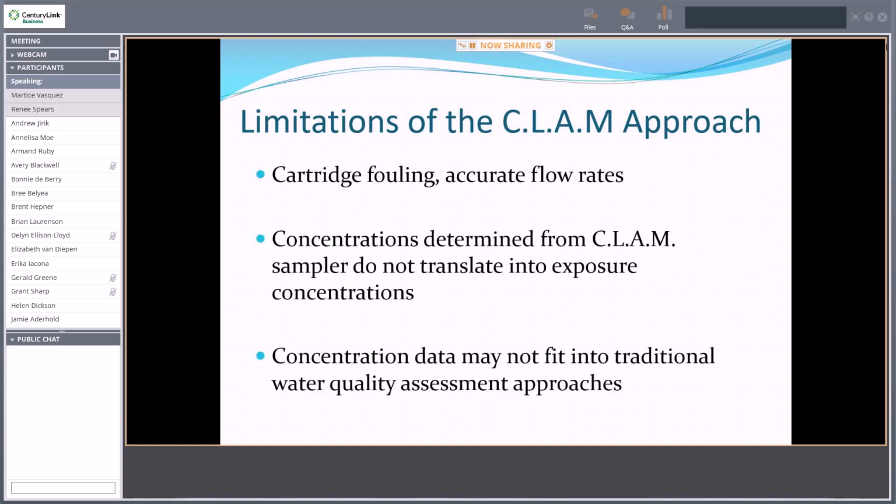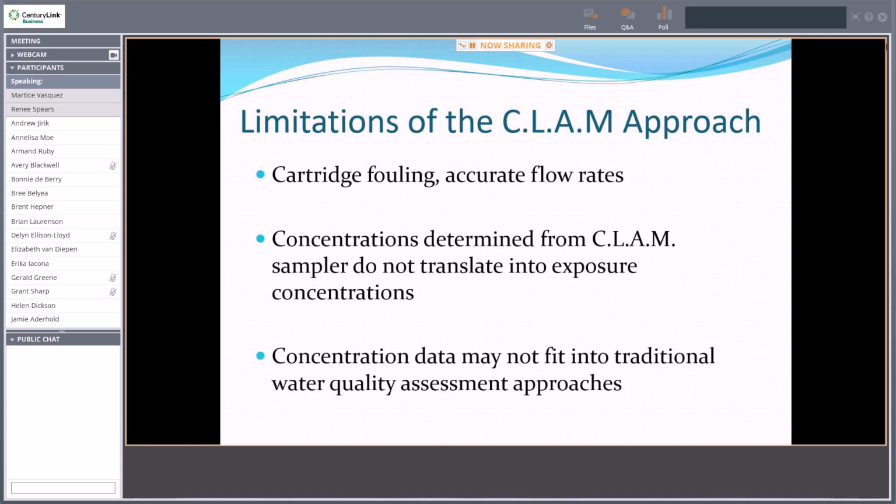Also, determining accurate flow rates is a challenge, whether the flow rate changes over time or you're just trying to measure it. Your volume calculation is only going to be as good as the flow rate measurement that you get. I know the manufacturer is working on some kinds of devices, specifically a volume totalizer, which helps you get at that accurate volume determination.